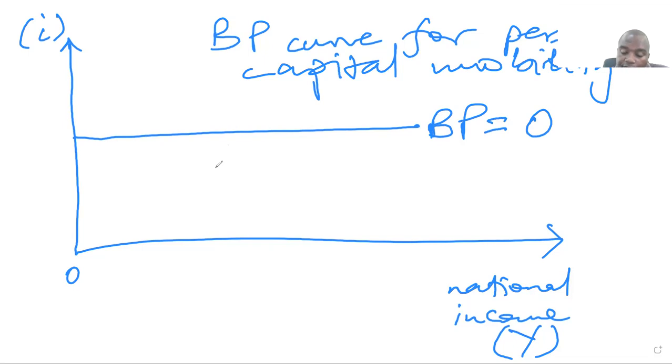Under the BP curve, we expect a balance of payments deficit, which is a balance of payments of less than 0.